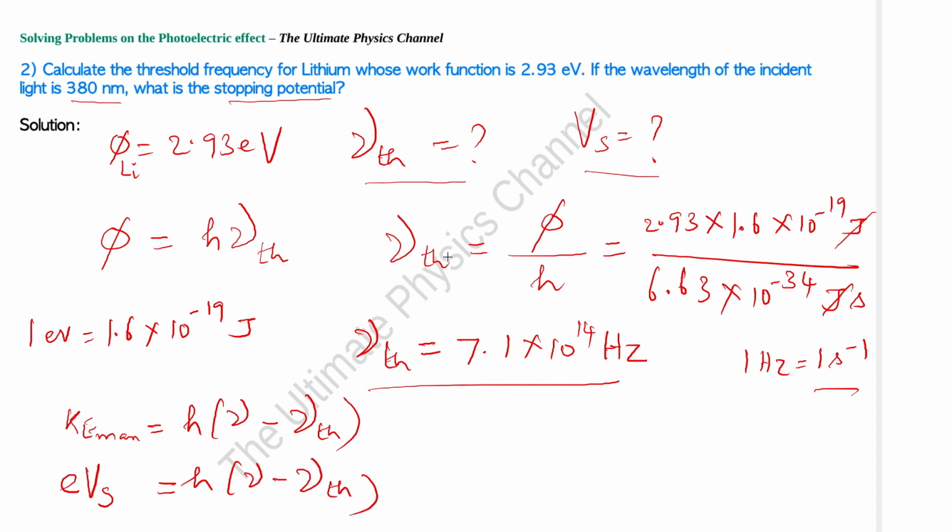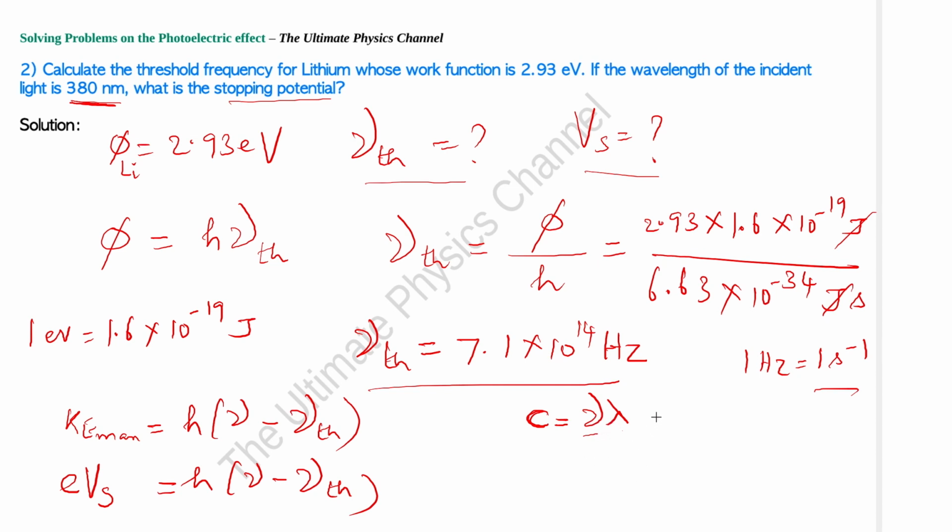But here in the problem, the incident radiation wavelength is given, not the frequency directly. So we can write, based on c is equal to nu times lambda, that is, the speed of light is frequency times wavelength. So the speed of the electromagnetic radiation is frequency times wavelength.